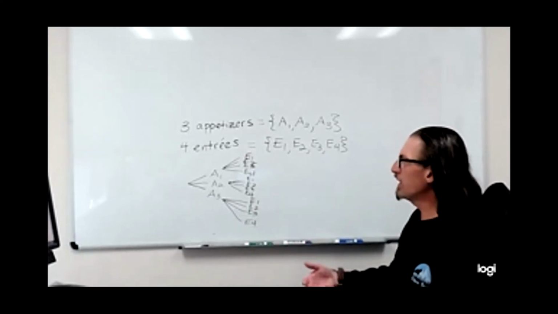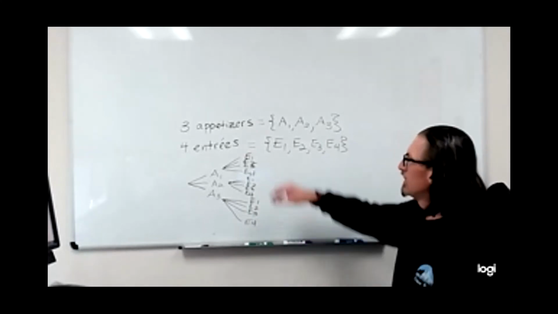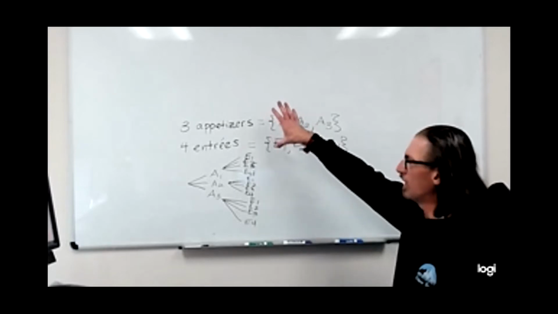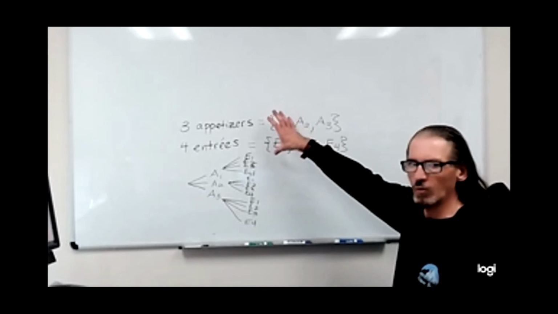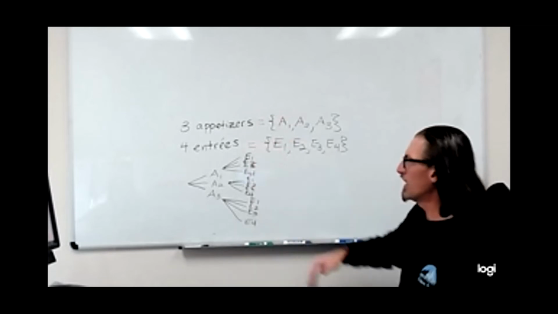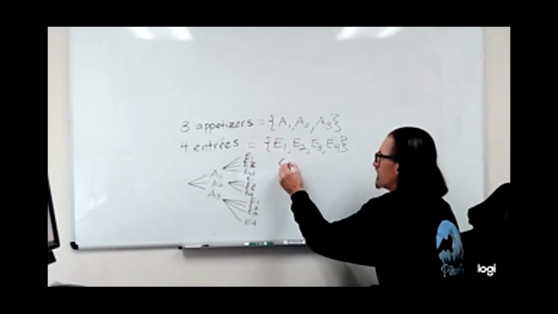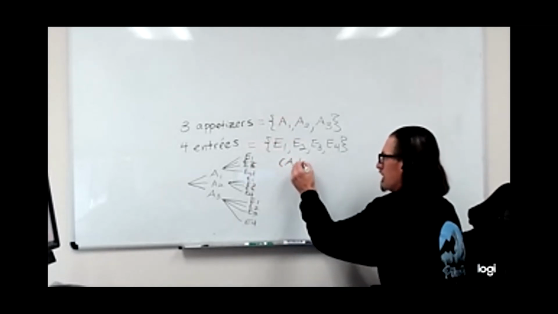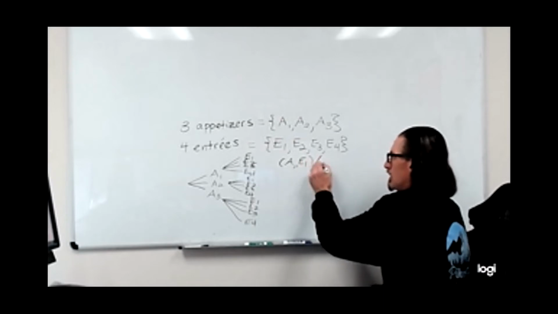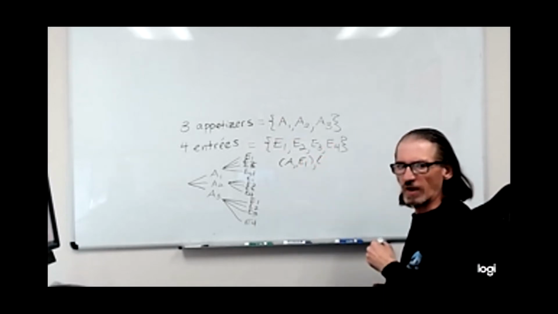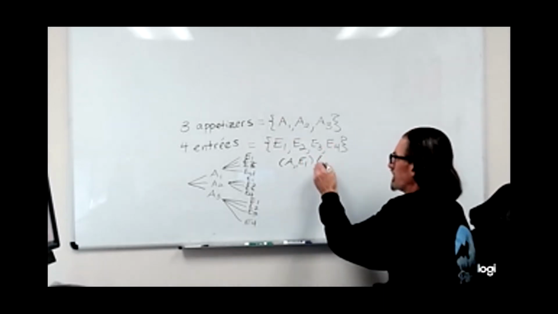Now, by the way, since this is happening in order, ordering the appetizer first and then the entree, my preference would be to list the different choices as ordered pairs instead of a tree diagram.